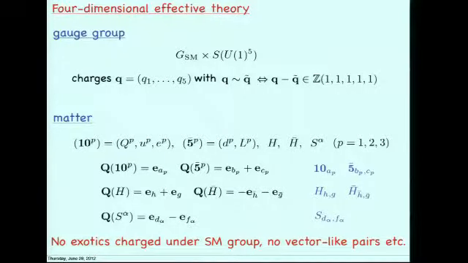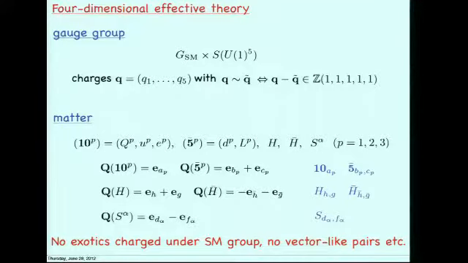The 5 bars are charged under precisely 2 of the U1s and are neutral under the others, and so on. And this is the same notation as before, right? So a 10 that's charged under the Ath U1 I'll just denote by 10 subscript A, and that of course also means it comes from the Ath line bundle in the higher dimensional picture.